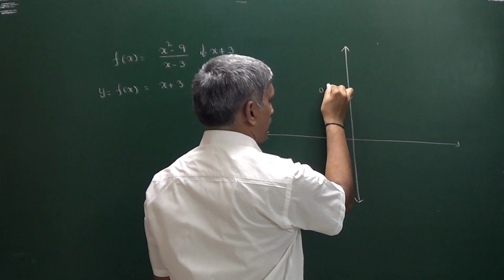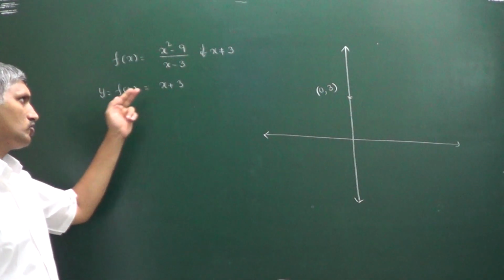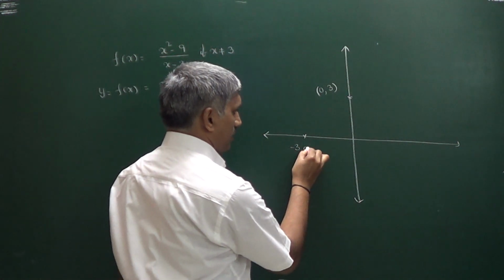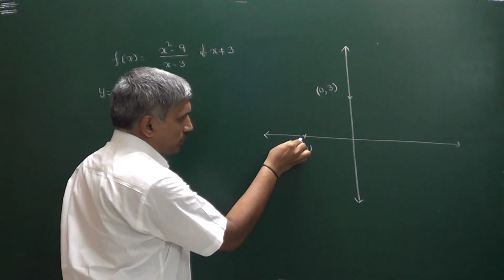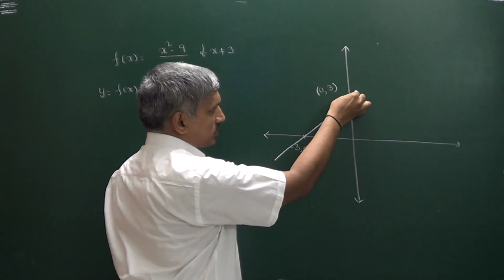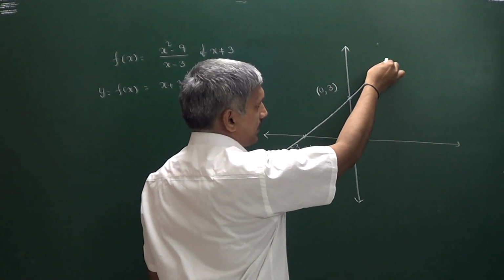This is the point 0 comma 3. At the same time, when y is equal to 0, you will get x is equal to minus 3. So minus 3 comma 0. Now the straight line is passing through 0 comma 3 and minus 3 comma 0. This is the straight line.